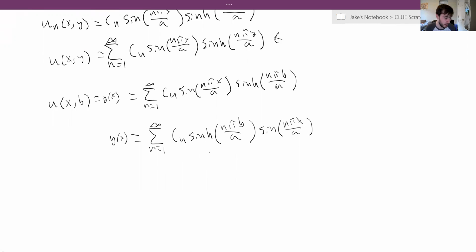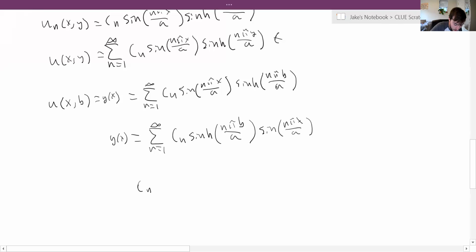So what that ends up looking like, and I admit I'm looking off to the side here because it is a little hard to remember off the top of my head. But remember, normally it would just be a c sub n, but our Fourier coefficient also includes this hyperbolic sine function.